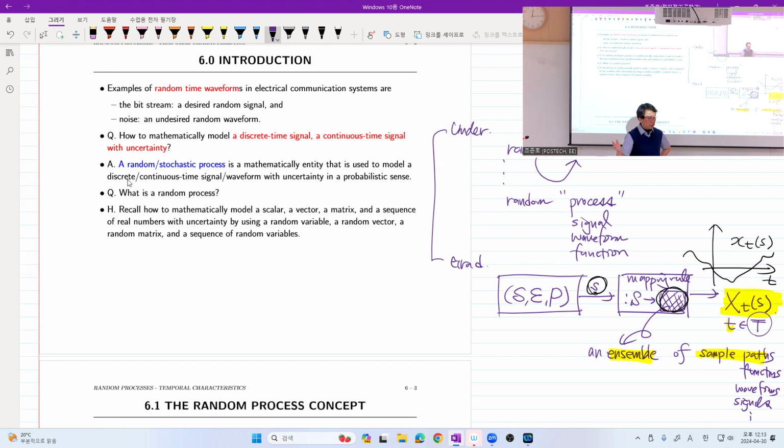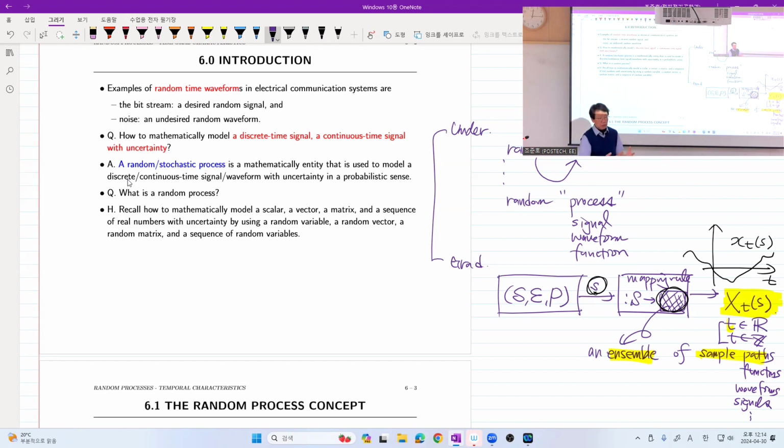It could be the set of integers. In that case, we have a discrete time signal. So instead of using T, let me just use sometimes R, sometimes Z, okay? So you can easily notice that we can handle not only continuous time and discrete time signals with parameter t, which means time, but we can also generalize it to a continuous parameter.